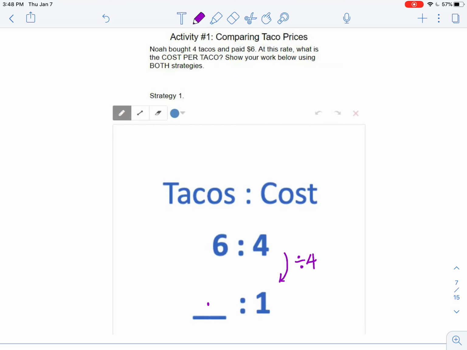If you get stuck on this part of the question, I suggest that you write out 4 divided by something equals 1, to help you identify what that number is going to be. You know we're using division because we're moving from larger numbers to smaller numbers, or we're scaling down as opposed to scaling up. After we divide the right side by 4, we'll do the same thing to the left side, and we end up with an answer of 1.5.